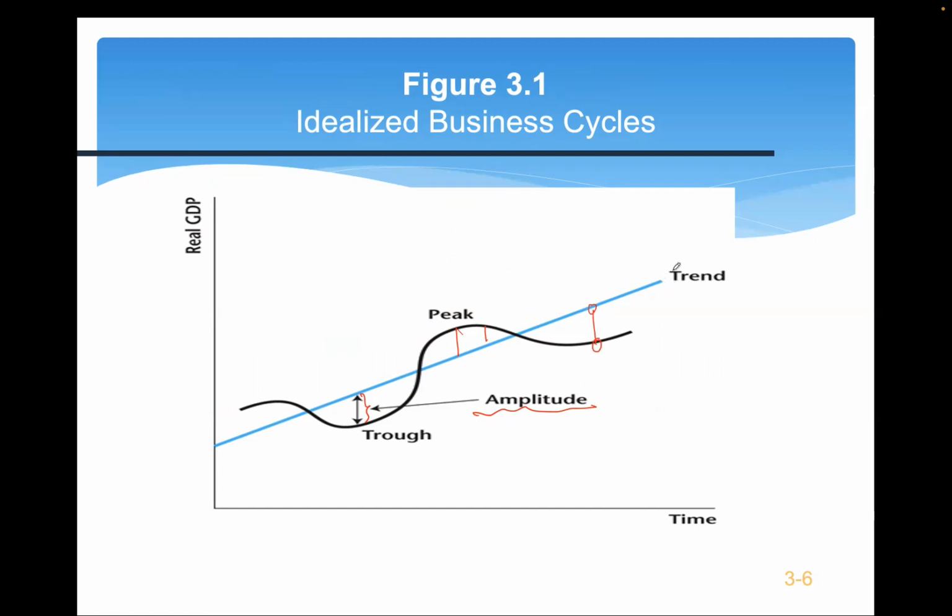Then you may want to divide by the trend. In other words, let's use Y-bar as the trend, and Y is actual GDP. Subtract, that's the difference, and then divide by Y-bar. That gives you the percentage deviation.